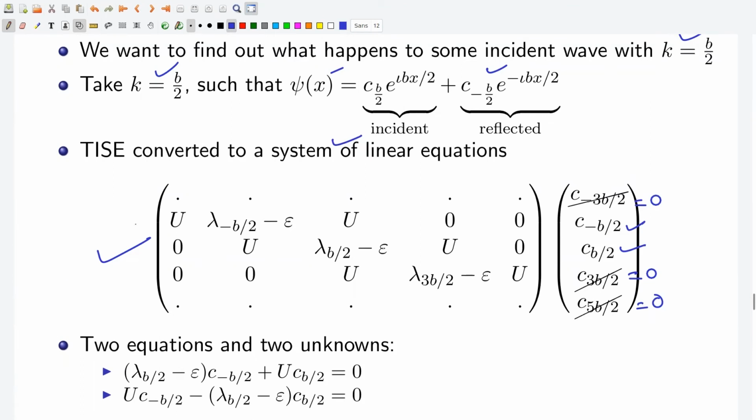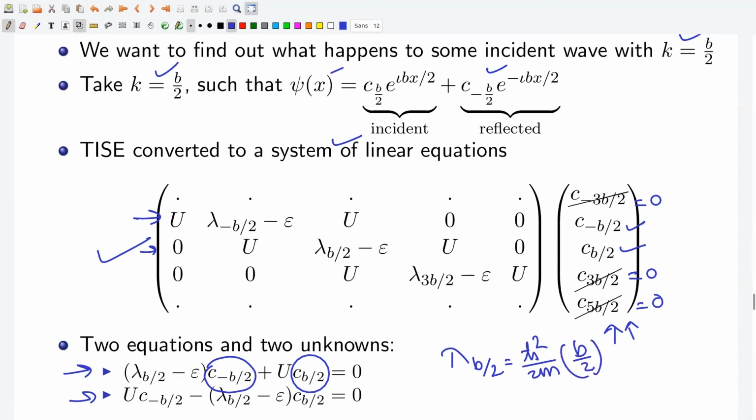Multiplying the second row with the column, we get this equation, and multiplying the third row with the column, we get this equation. Thus, we have two equations and two unknowns, c minus b by 2 and c plus b by 2.